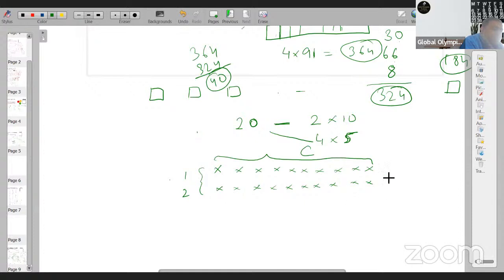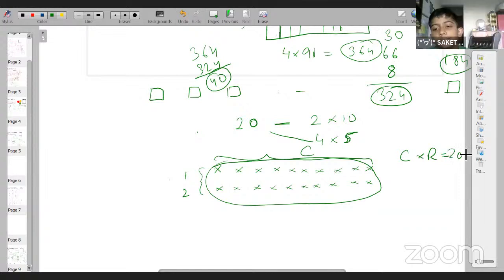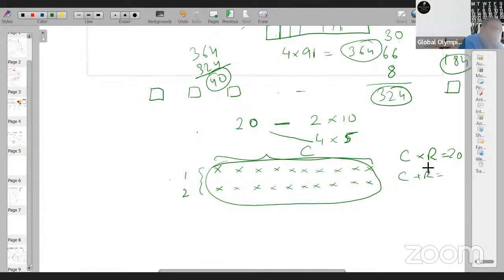These numbers give this entire thing, which is the area or number of objects, that is column into row, correct? And which is giving me 20, correct? And if I add column plus row, I am getting 10 plus 2, which is 12, correct?